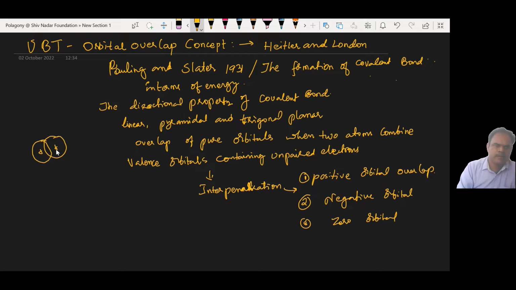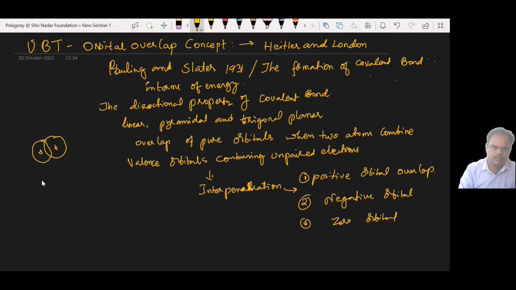Whenever two atoms combine, their atomic orbitals undergo interpenetration, and as a result three types of orbital overlap are possible.